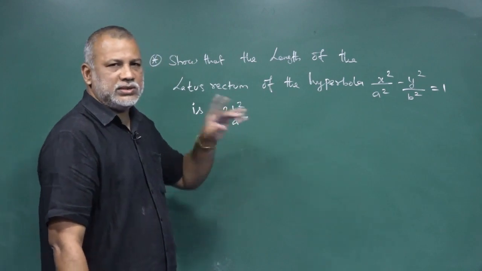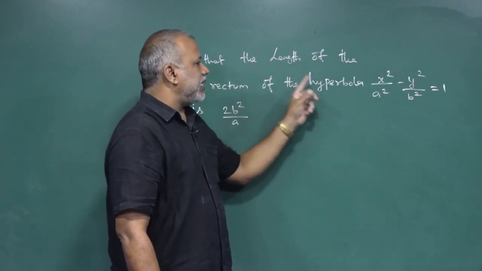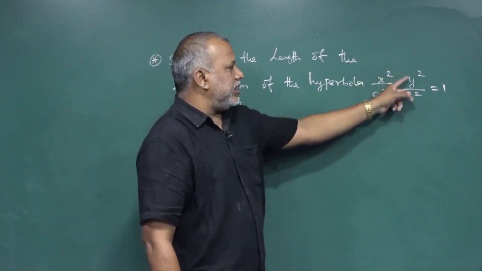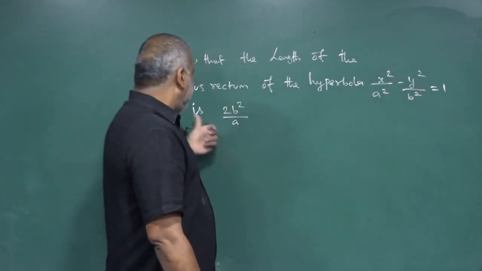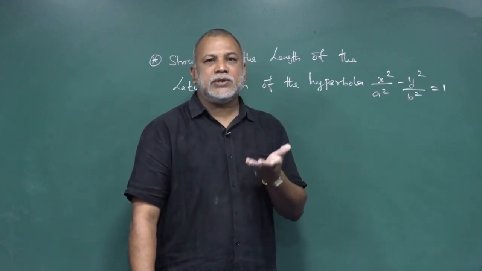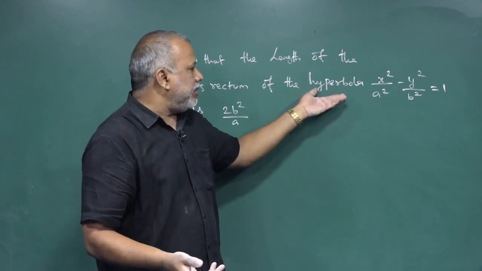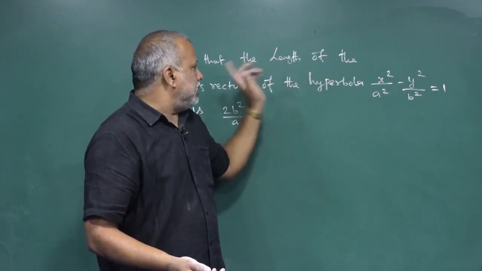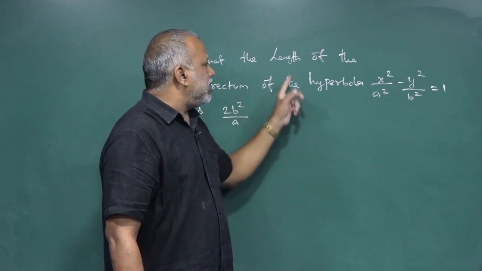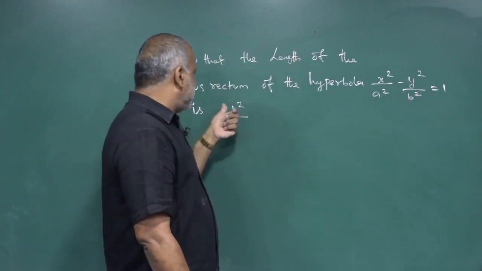We already worked it out, just for recall only. Show that the length of the latus rectum of the hyperbola x squared by a squared minus y squared by b squared equal to 1 is 2b squared by a. Instead of hyperbola, they may ask an ellipse also. Show that the length of the latus rectum of an ellipse x squared by a squared plus y squared by b squared equal to 1 is 2b squared by a.